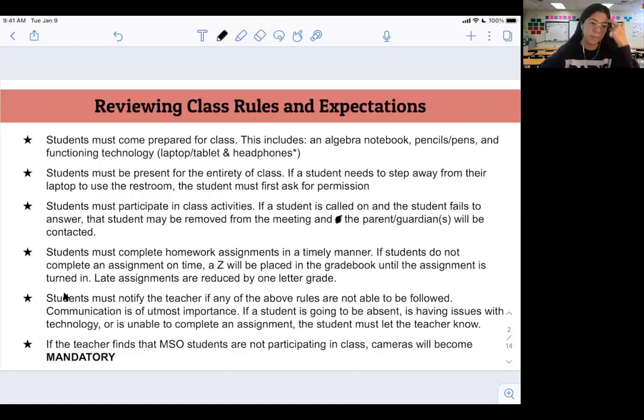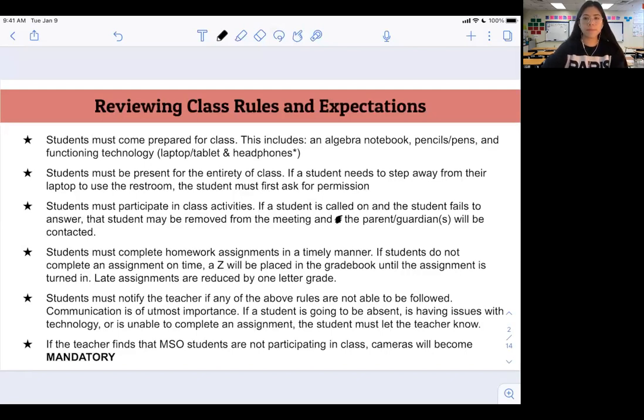I'll read the very last one, but who can read number 5? How about Cassie? Number 5?